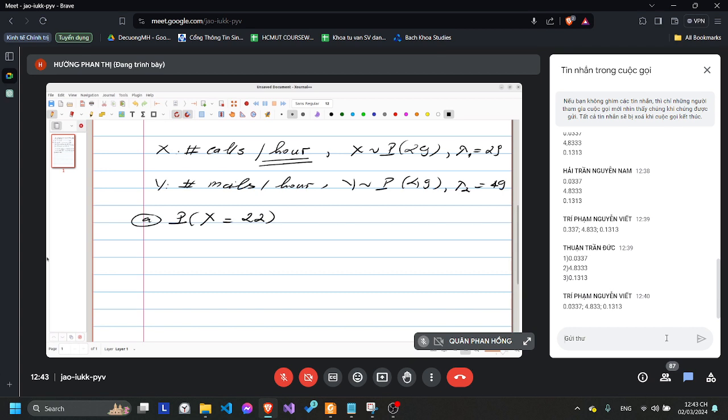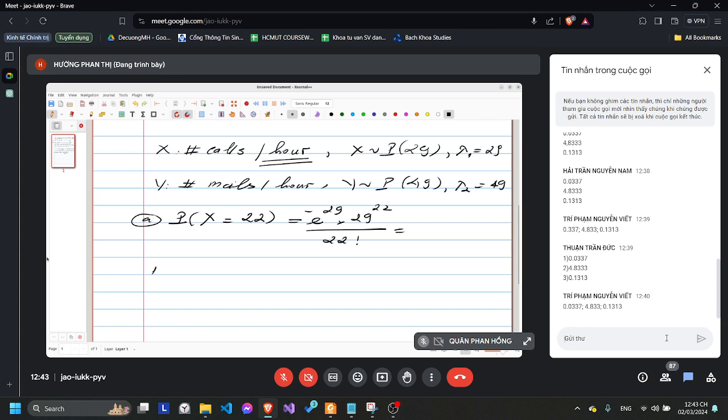So the probability of X equals k equals e to the power minus lambda, lambda to the power k, over the factorial of k, so over 22 factorial. Then you just calculate, and you are able to get the final answer.